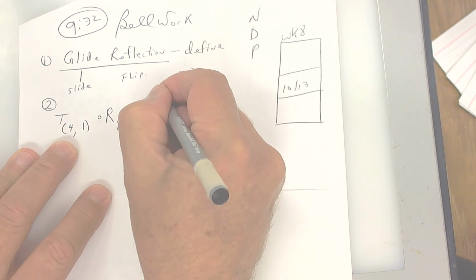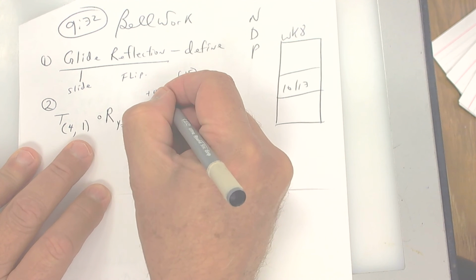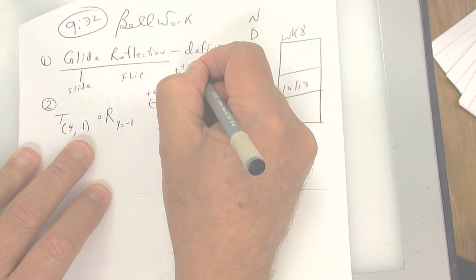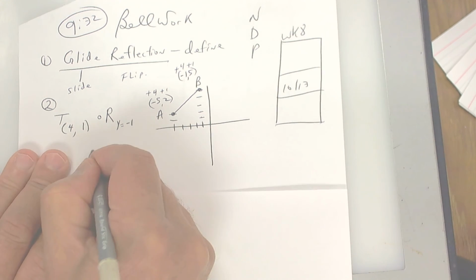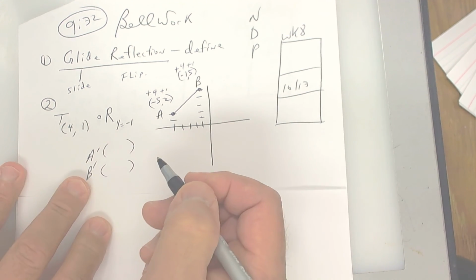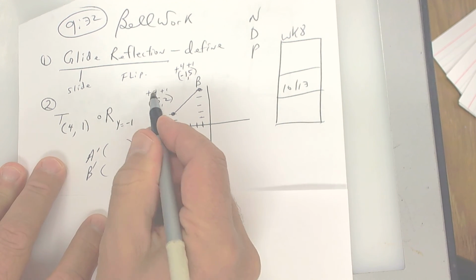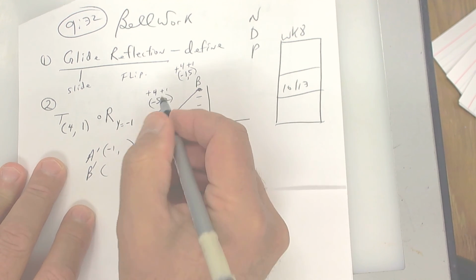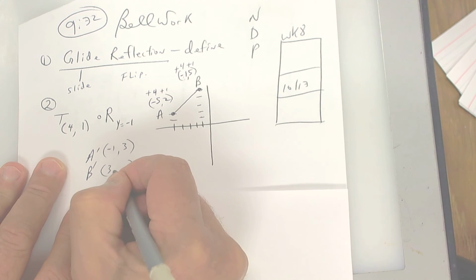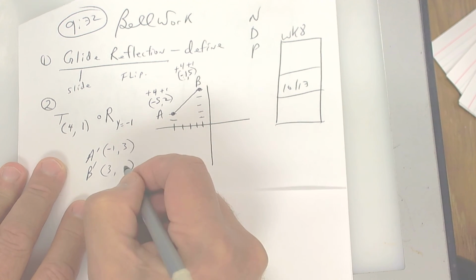So you want to add a 4 and a 1. So the new points, A prime and B prime, when we slide it, are going to be negative 1 and 3, and then this one is going to be a 3 and 3.